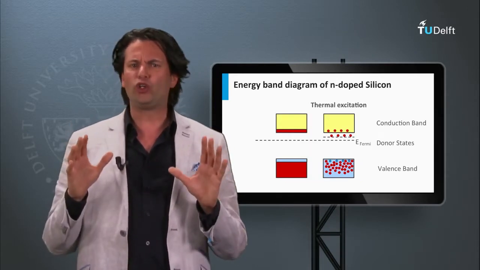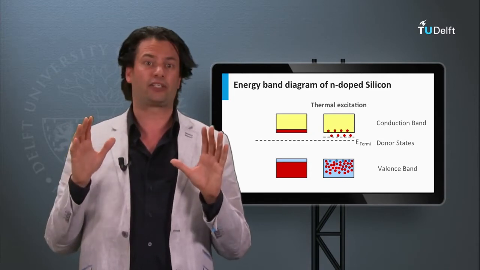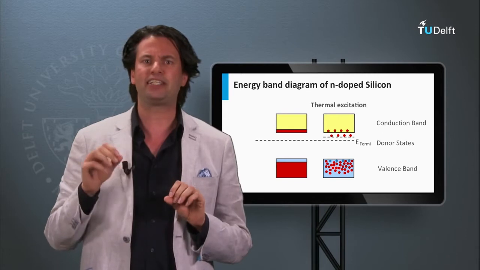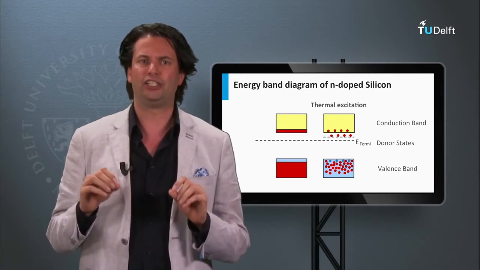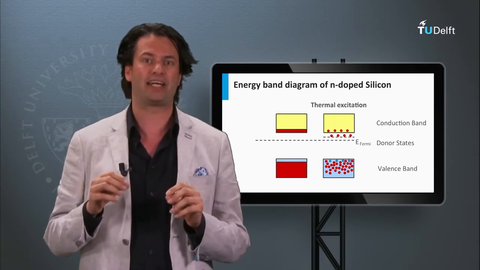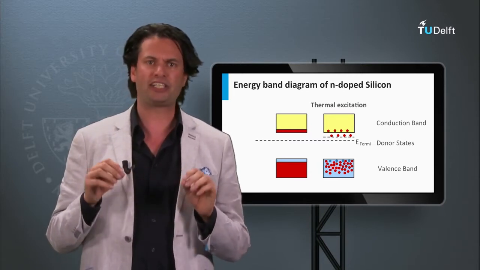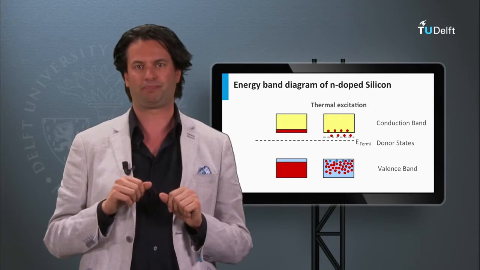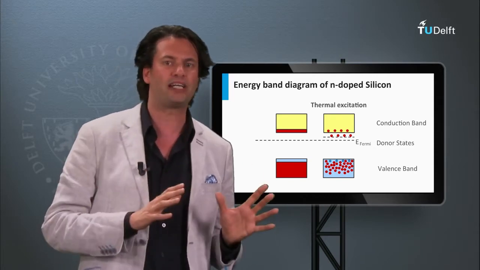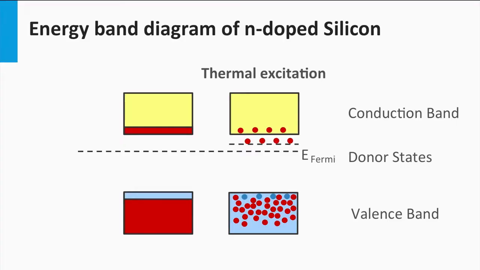N-doping of silicon can also be illustrated by an electronic band diagram. The phosphorus atoms are represented as donor states. These donor states have an energy level within the forbidden band gap of the silicon matrix, which can be occupied by electrons. The energy level of the donor states is closer to the conduction band than to the valence band.